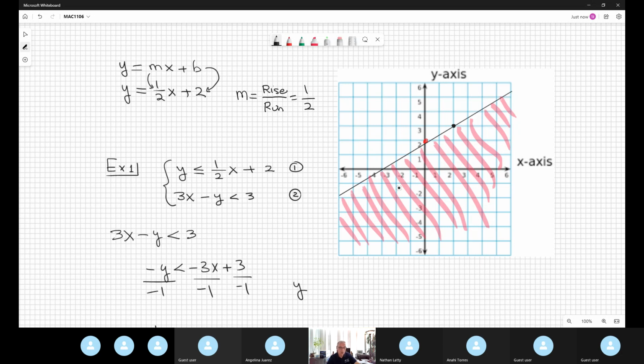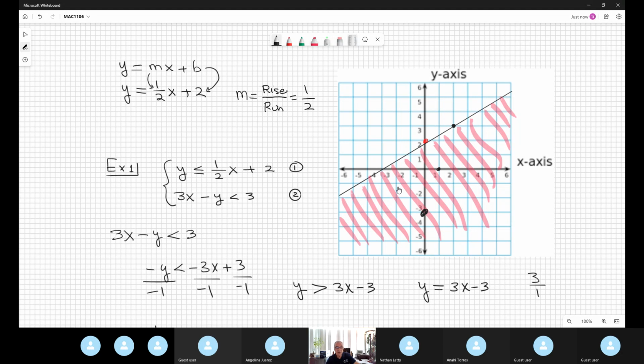When you divide an inequality by a negative number, the inequality sign is reversed, flipped. And we have 3x minus 3. This is the moment to convert to an equation, because the equation is an auxiliary tool that helps me to split the plane. For example, b is minus 3, I plot that minus 3 here. And the slope is 3. And 3 is 3 over 1, because it's just 3, a whole number. So it's 3 up, 1, 2, 3, and 1 to the right. We get the second point.